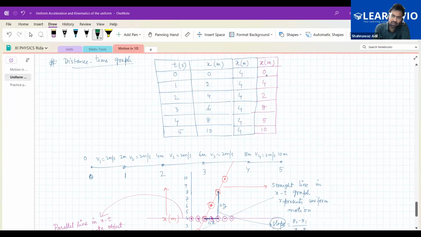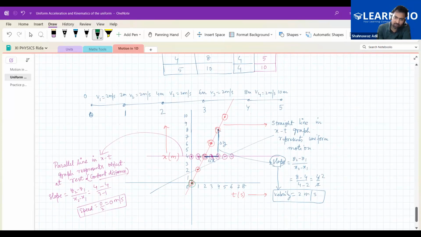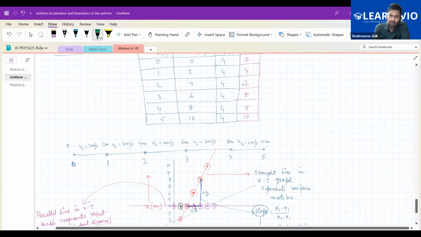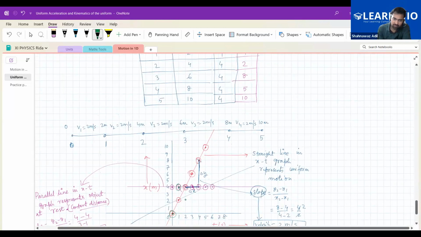The next point is 1, 4, which is here. The other point is 2, 2, which is here.